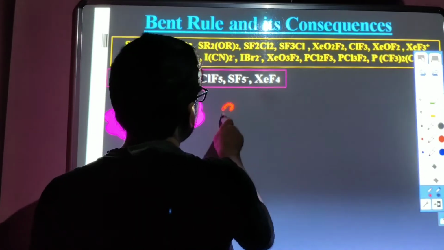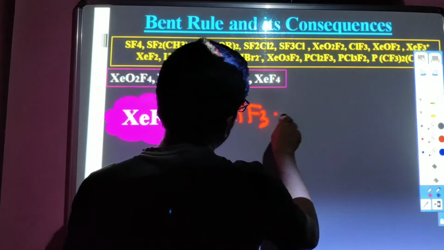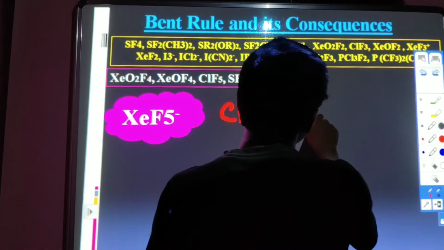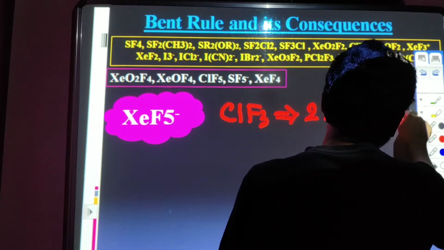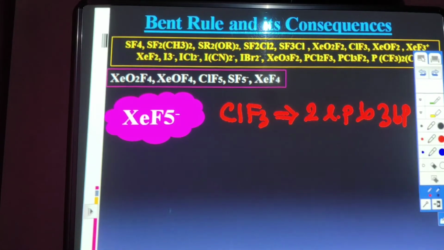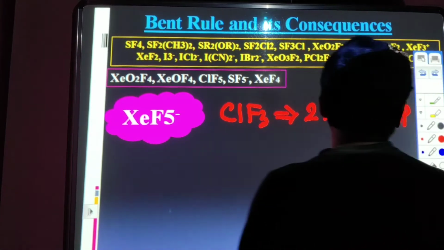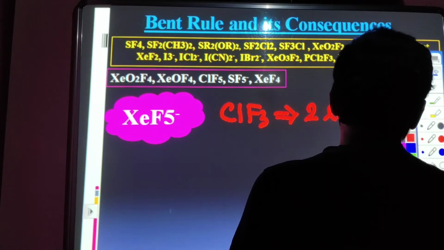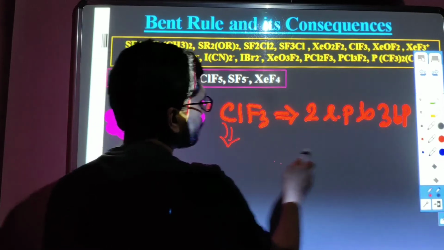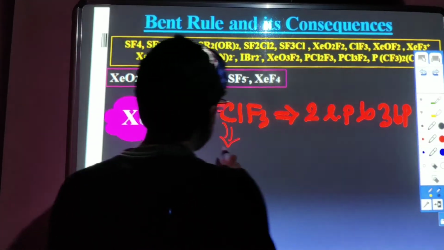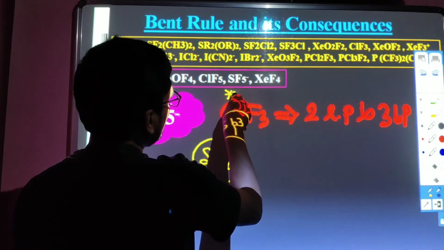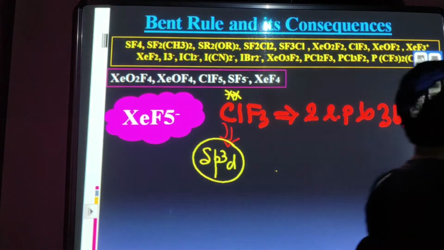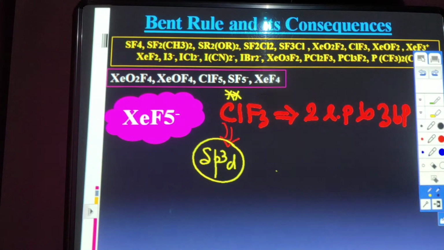In ClF3, if you calculate, you will get two lone pairs and three bond pairs. The hybridization of central chlorine will be sp3d. Now what about these two lone pairs?